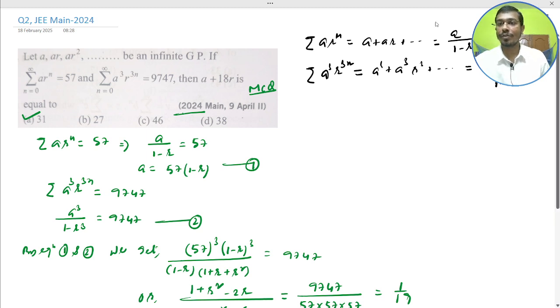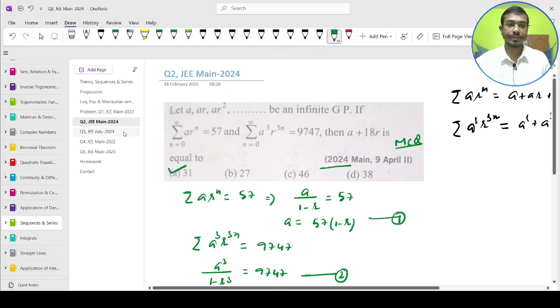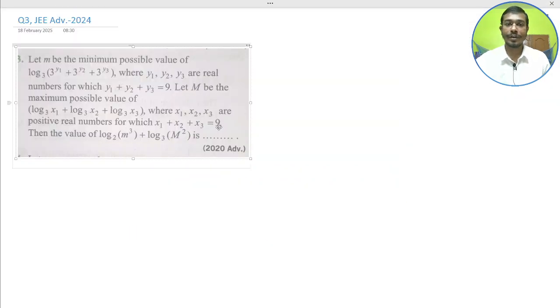This is the key concept. Next, go ahead.